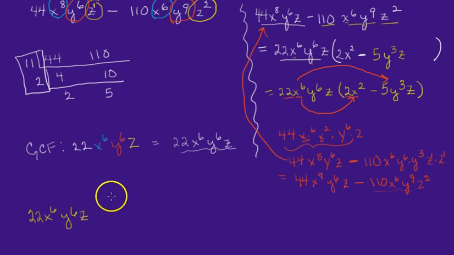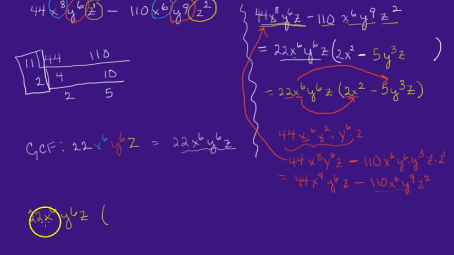But let's look at this from a different angle, just in case you didn't follow the angle that I came from. So let's look at this here. I have 44 x to the 8th, y to the 6th, z.